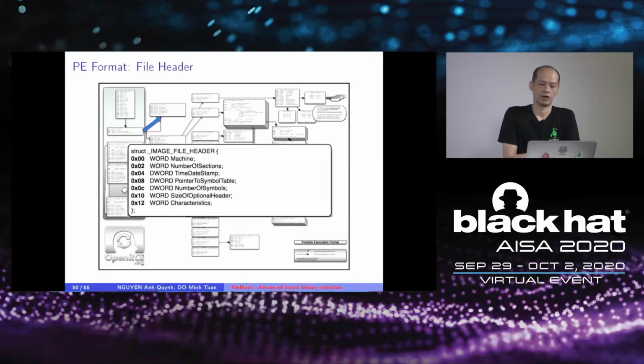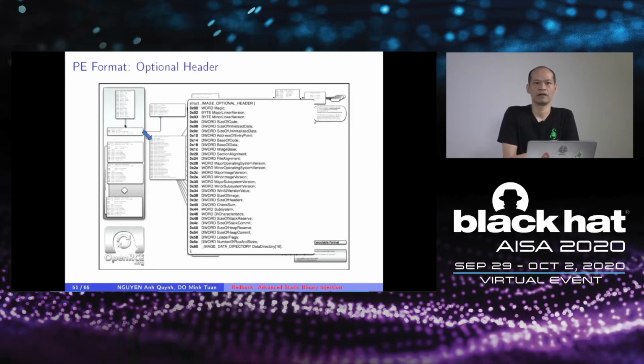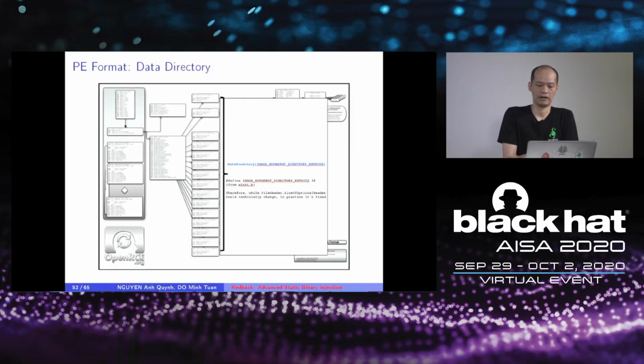After the file header is the optional header, and this header has much important information like the entry point, the base of the file in memory, section alignment, file alignment, the size of the image in memory, the checksum, and one important structure named the data directory, which is very important because it points to many important metadata of the PE file.